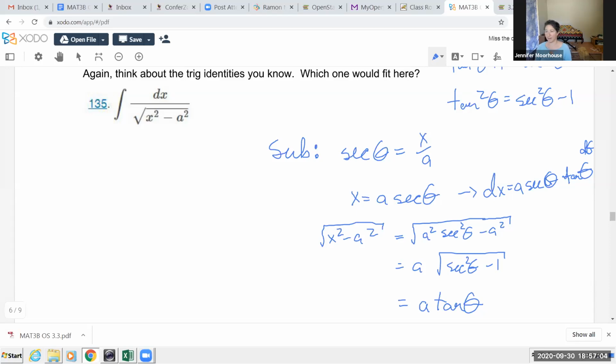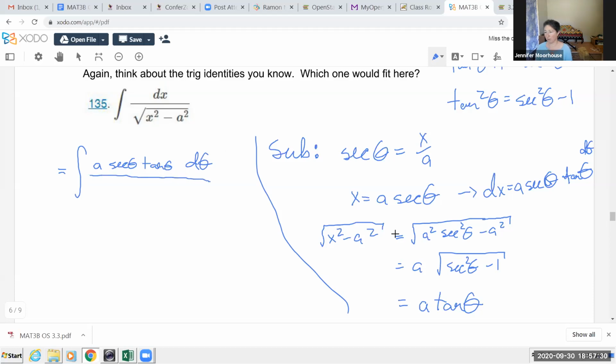And so we substitute all of those bits in, and this becomes the integral of dx, which is a secant theta tan theta d theta.